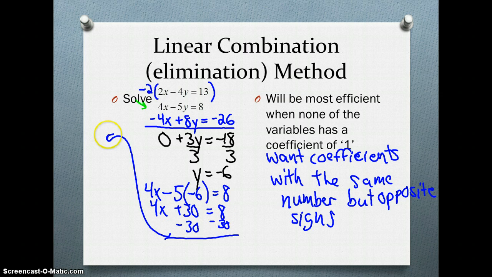Going to work backwards here. I get 4x equals negative 22. And from here we divide both sides by 4. I get x equals negative 11 over 2. So our solution is negative 11 over 2, comma, negative 6. This is the elimination method.